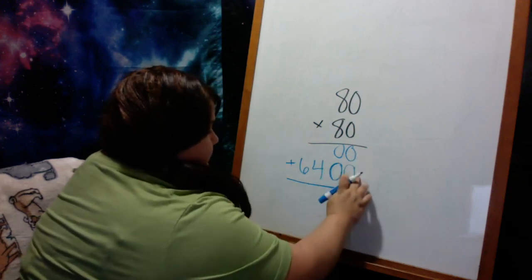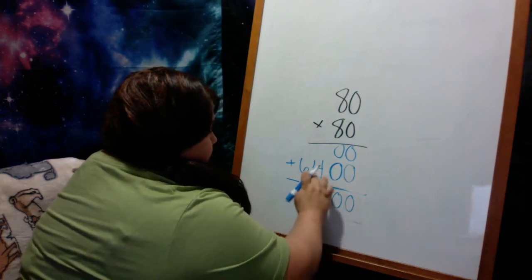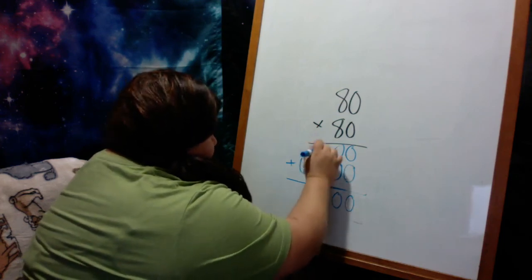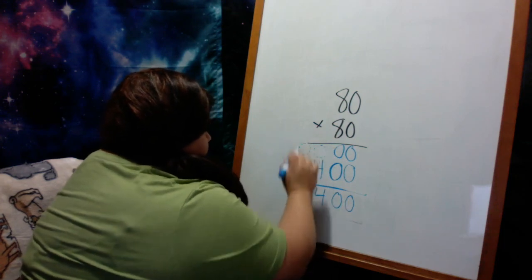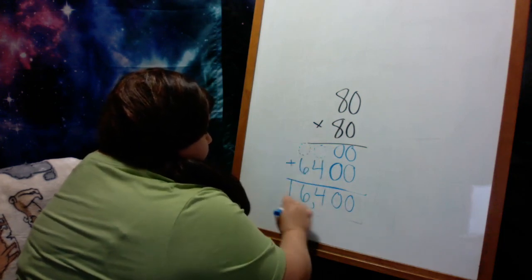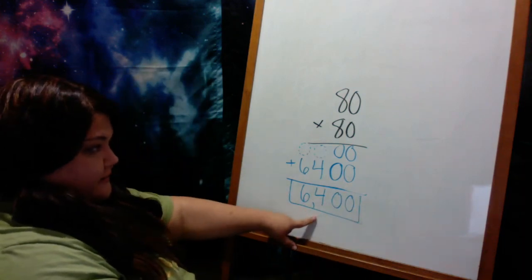So now I just need to add them up. So 0 plus 0 is 0. 0 plus 0 is 0. 4 plus this invisible 0 right here gives me 4. And 6 plus this invisible 0 right there gives me 6. So 80 times 80 equals 6,400.